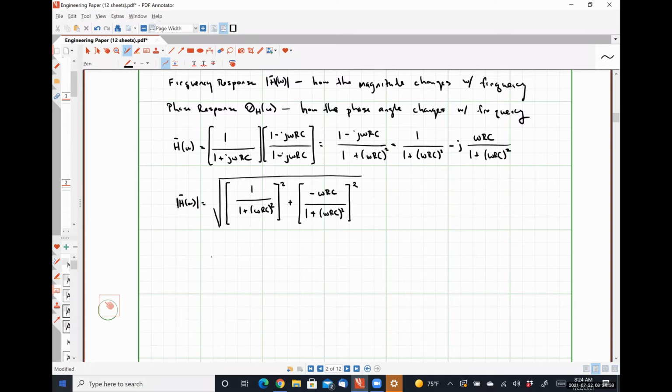So when I square these two components, I'm going to get a common denominator, right? So I'm going to have 1 plus omega RC quantity squared.